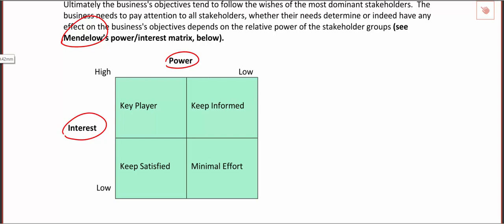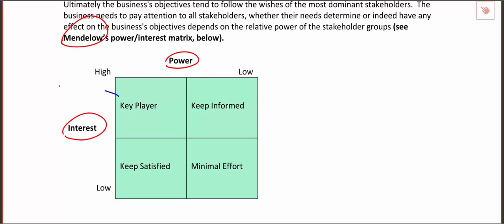So like I said, Mendelow came up with this matrix to combine both power and interest. So for example, if you had a stakeholder who was very powerful, had a lot of influence over you, and also had a high amount of interest in your business for whatever reason, whether it's for supply of materials or whether it's because you employ a lot of people in the community, we would call those people a key player.